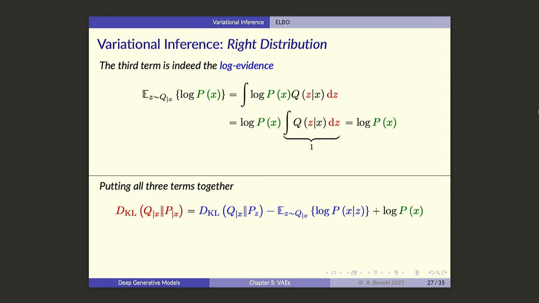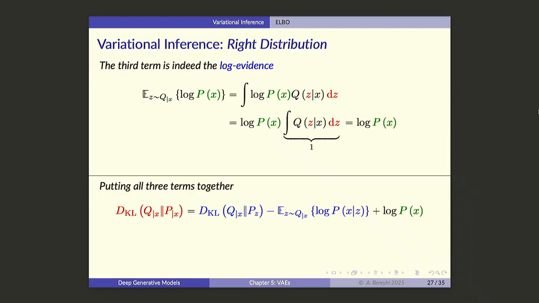Those terms which are blue, can I estimate them? Yes, right? The red term is, though, something that I cannot estimate, right? So I have written this term in terms of something that I can estimate, plus the evidence, which I don't have access to, right? But the key point here is that the terms which are depending on Q are those which I can estimate, right?